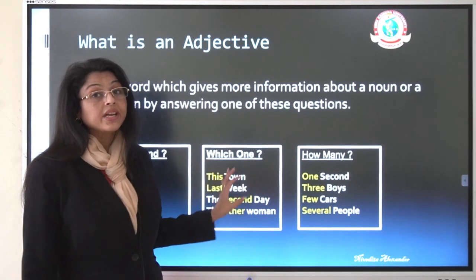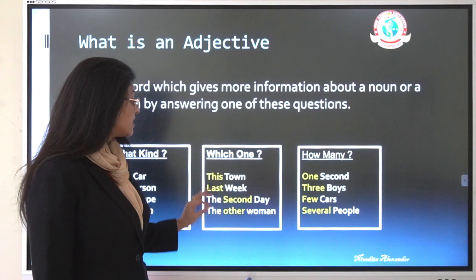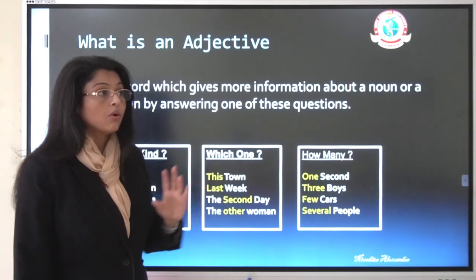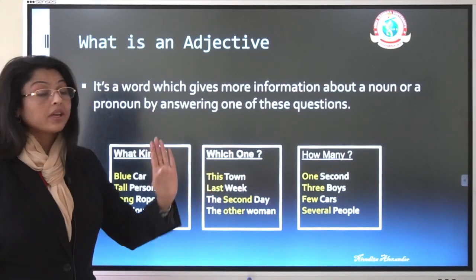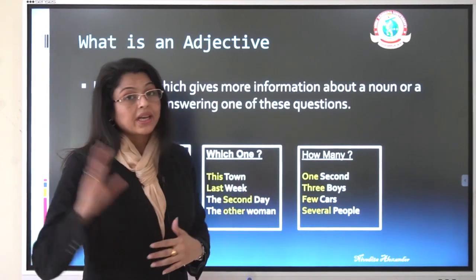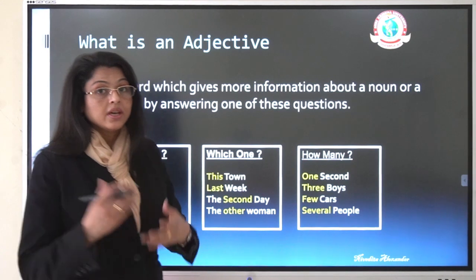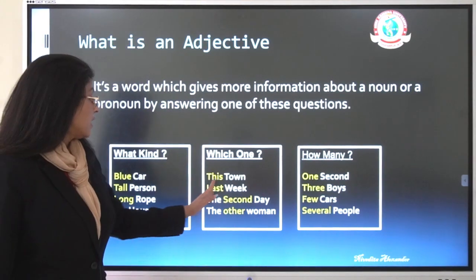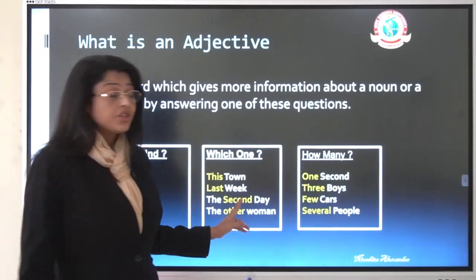It is generally added with non-living things, like this town, that town, this week, that week, last week, previous week. These kinds of words are called adjectives.